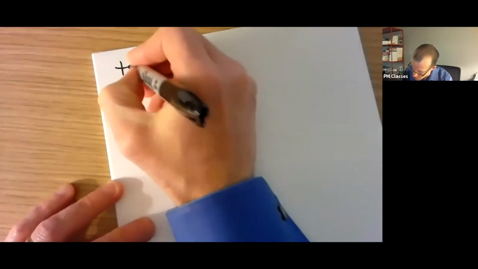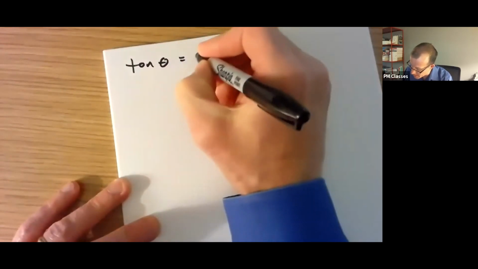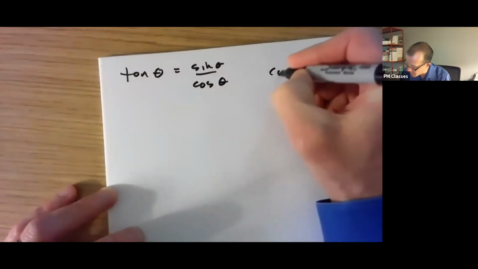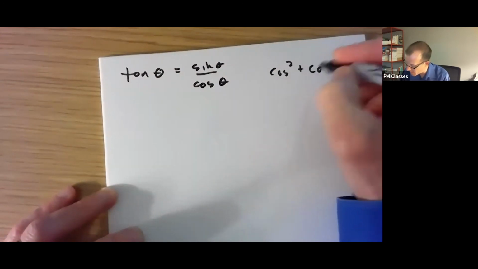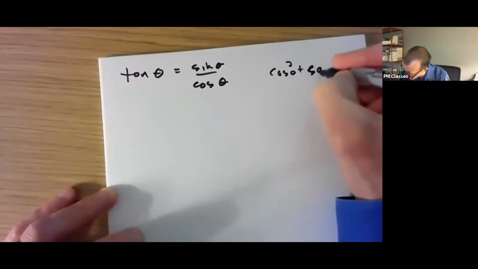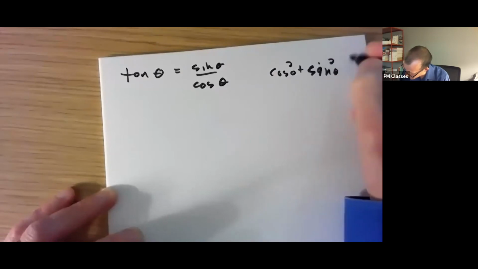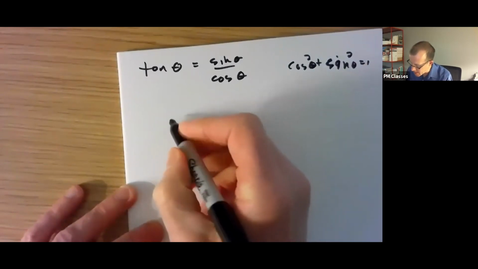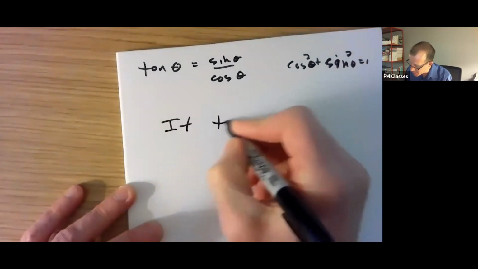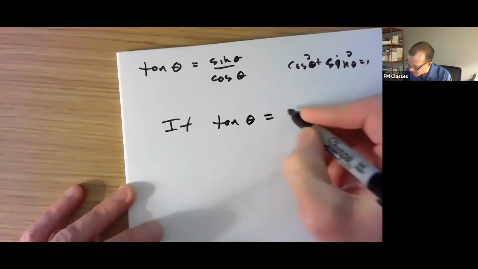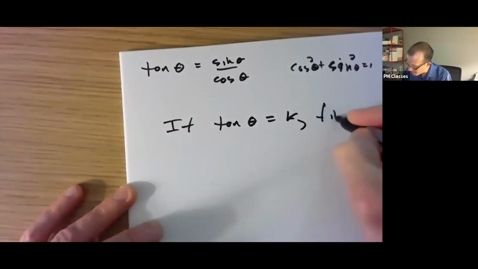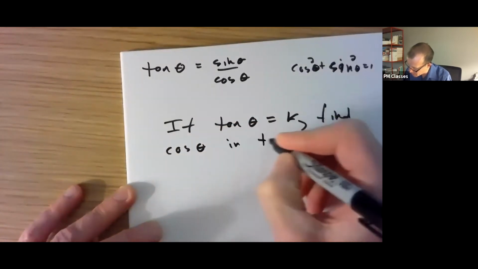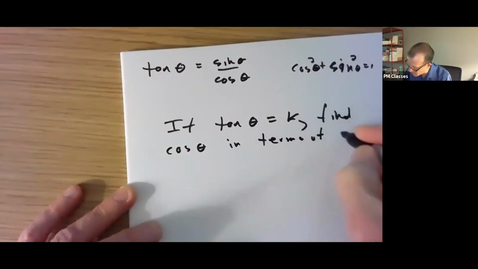So again, the things we'll use: tangent of theta equals sine of theta over cosine of theta, and cosine squared plus sine squared equals 1. So what would this look like? If tangent of theta equals k, find cos theta in terms of k.